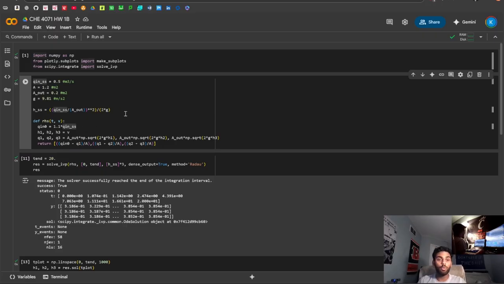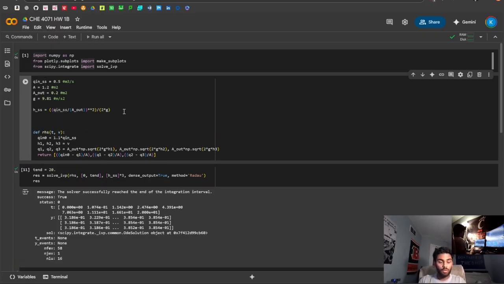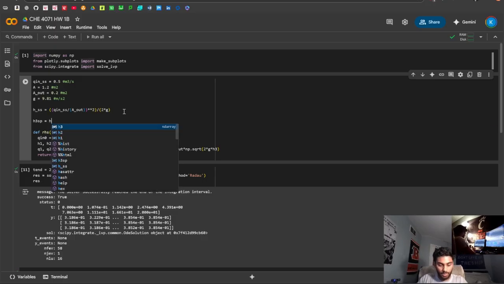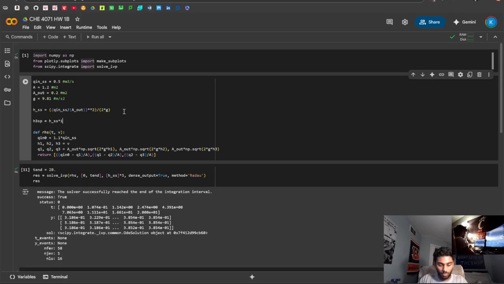We might want to say, well, what if I want to change the set point of tank 3? So we'll make this stand for the set point of the third tank. Let's say I want to set that to 10% more compared to the steady state height. So something like SS times 1.1.